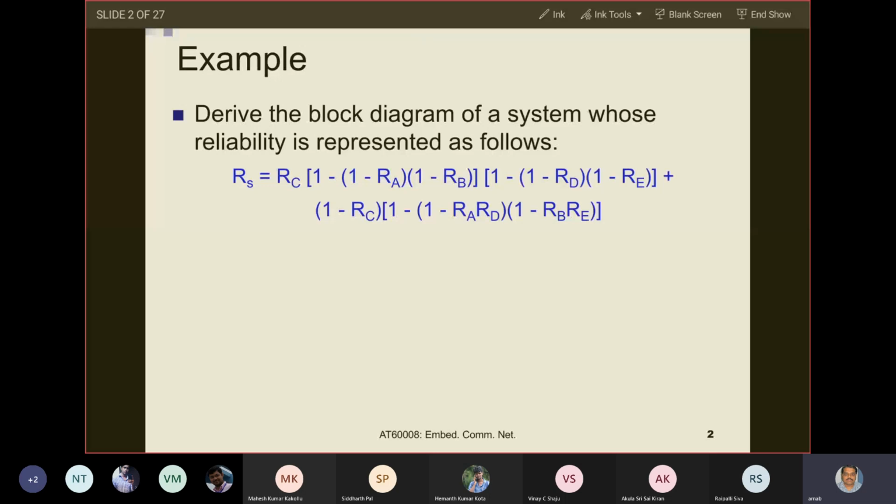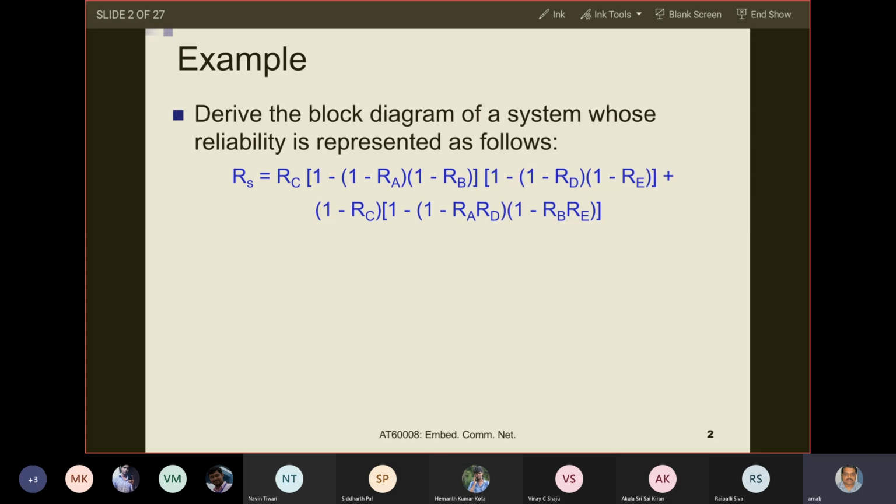What do you mean by a system being in parallel? Means, sir, all of them have to fail if the system has to fail. Yes. So parallel means all of the components have to fail for the system to fail.